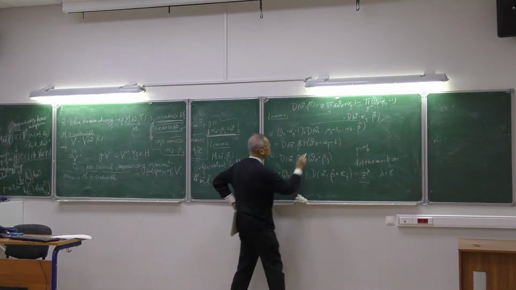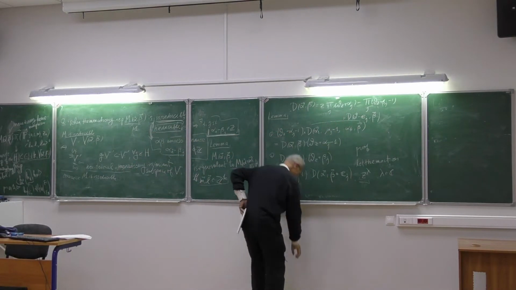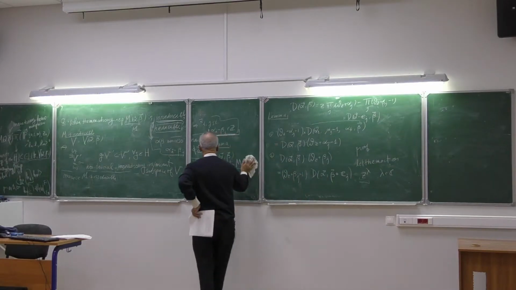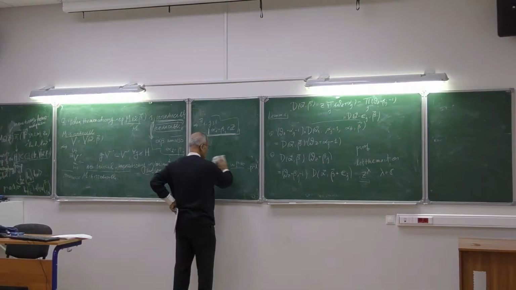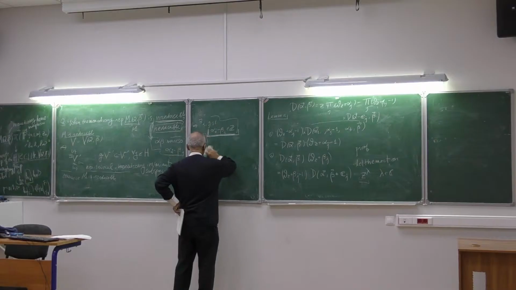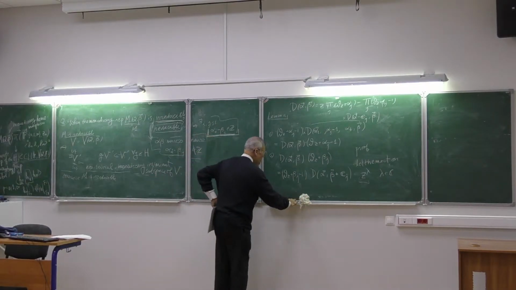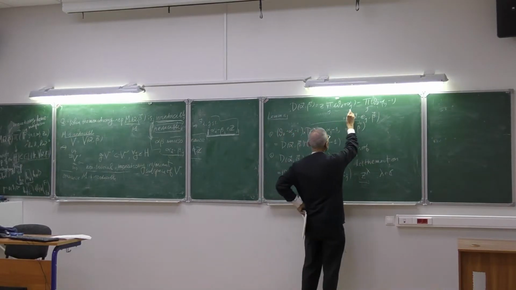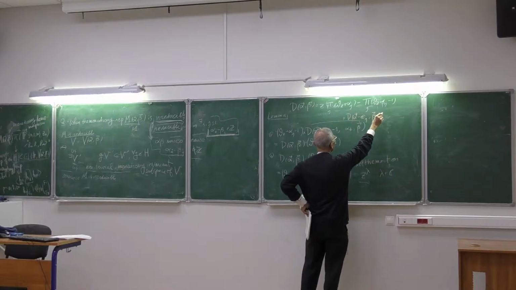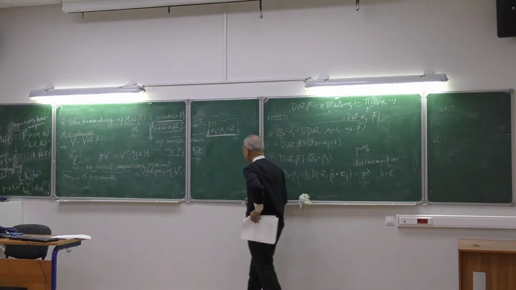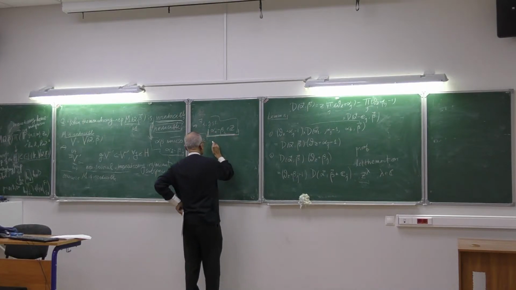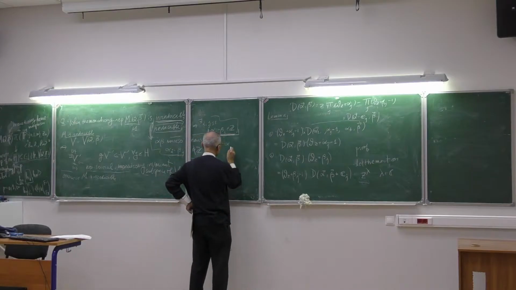Say, assume that you have beta j equals beta j minus 1, say. Assume, say, alpha k equals beta k minus 1.